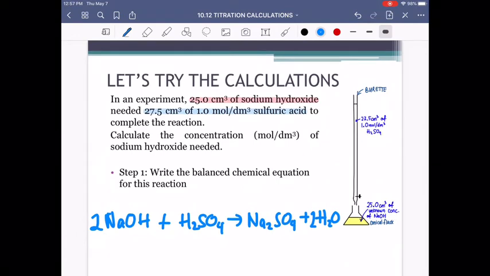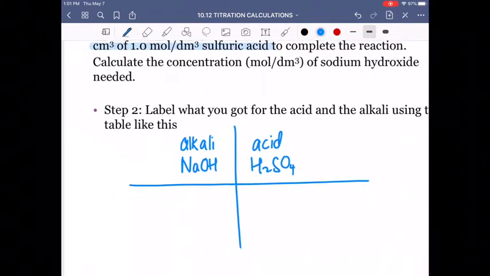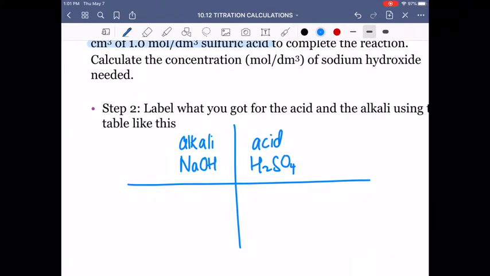Alright, looks good. Second step, label what you have for the acid and the alkali using a table like this. I've sorted out who is the alkali and who is the acid, so let's separate them into a table like this. First thing, V1, M1, V2, M2.